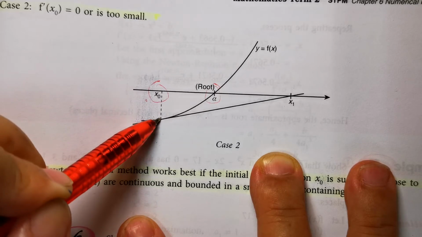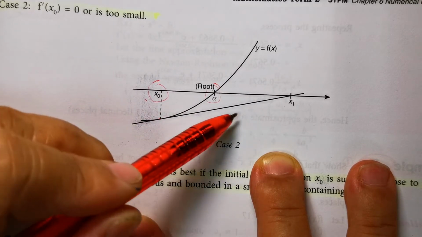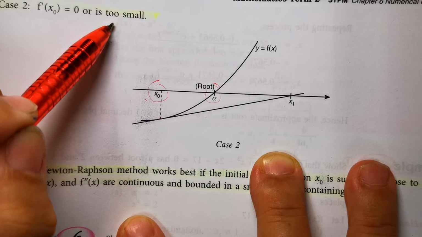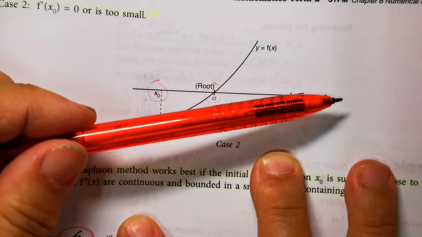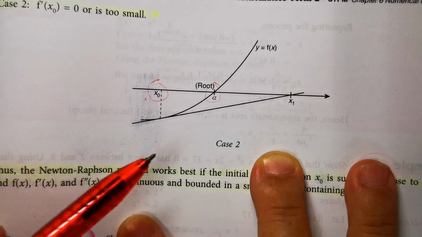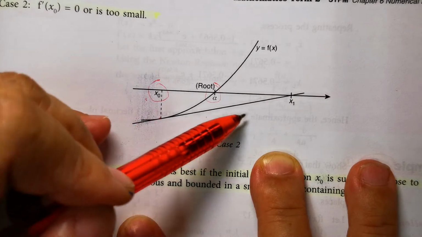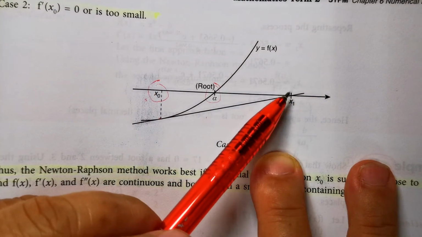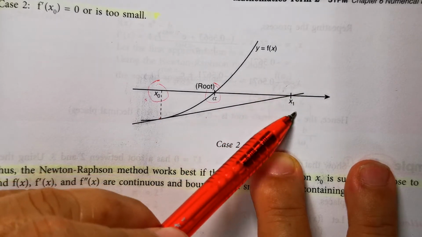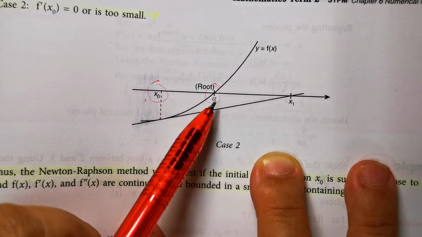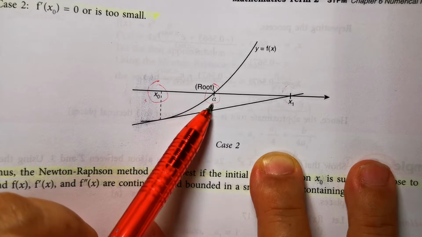You see at this point, this is a tangent, and it is too small. This tangent is almost horizontal already. So when we draw the tangent at this point and extend it to meet the x-axis again, the next approximation we get is here, which is far from the actual root.